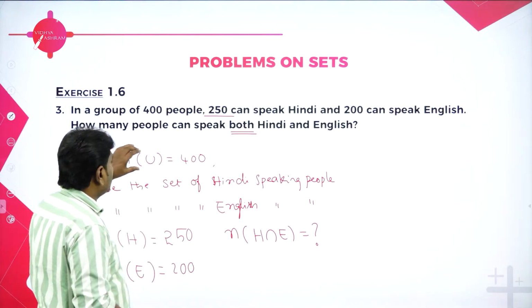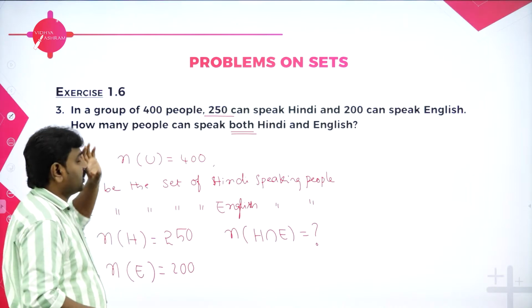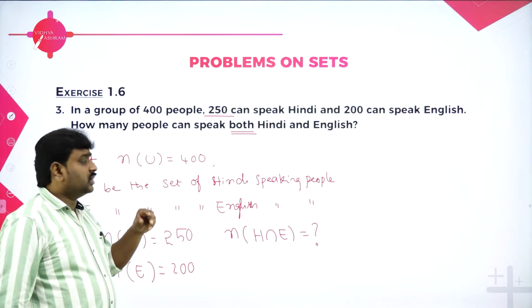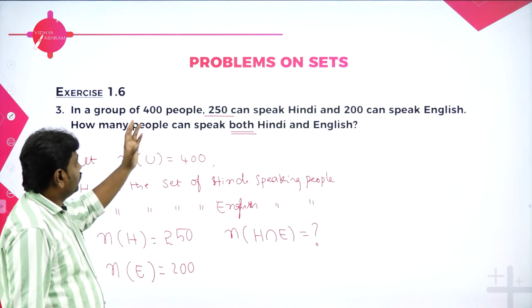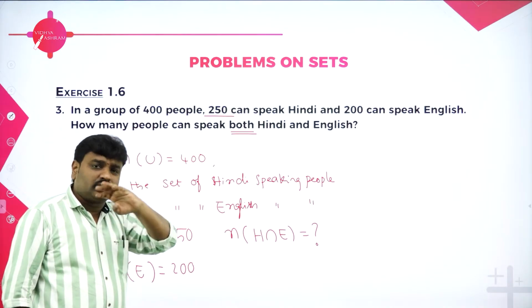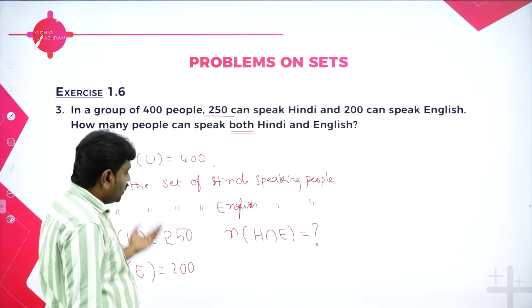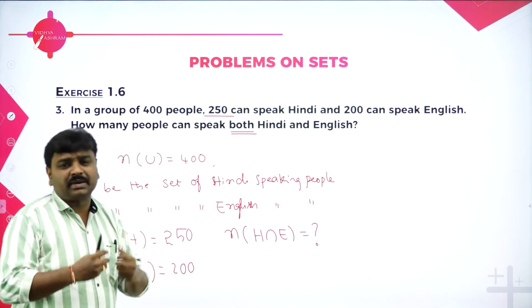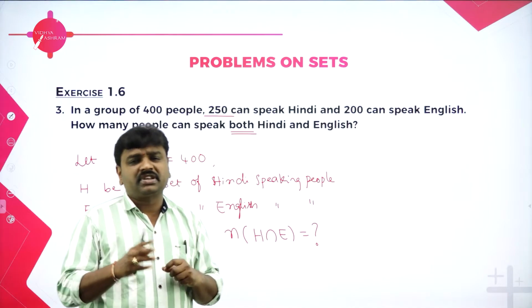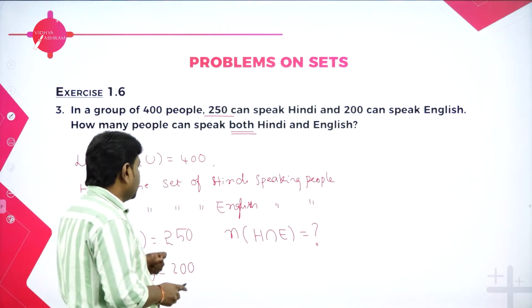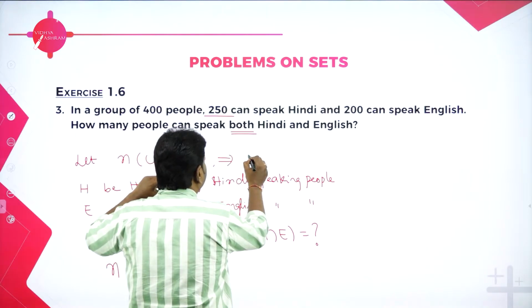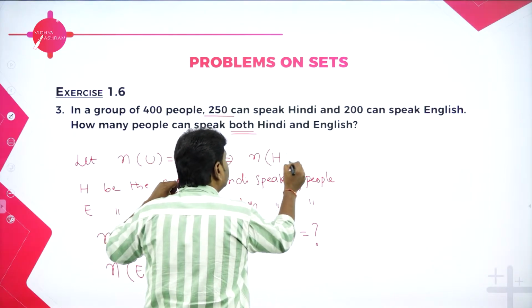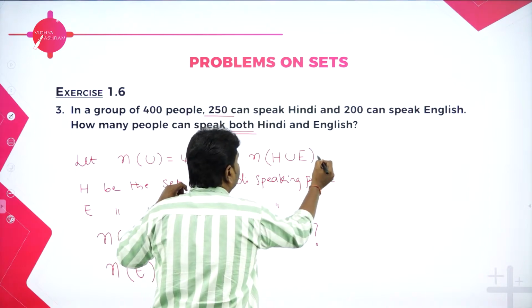In this case 400 people are there and they have not given any condition. If 400 are the total people, some people speak English, some speak Hindi, some can speak both. Whenever they don't give any condition, it is the union itself, so n of H union E is 400.